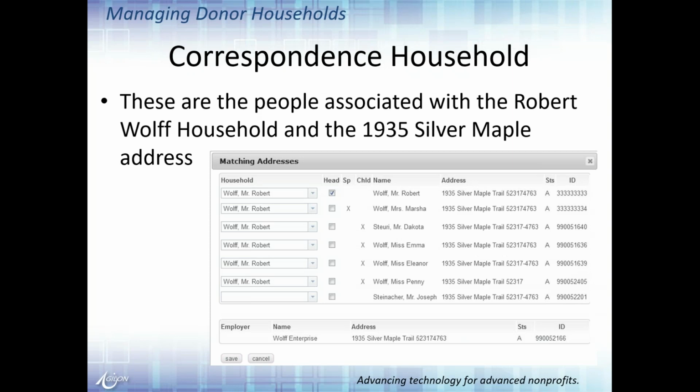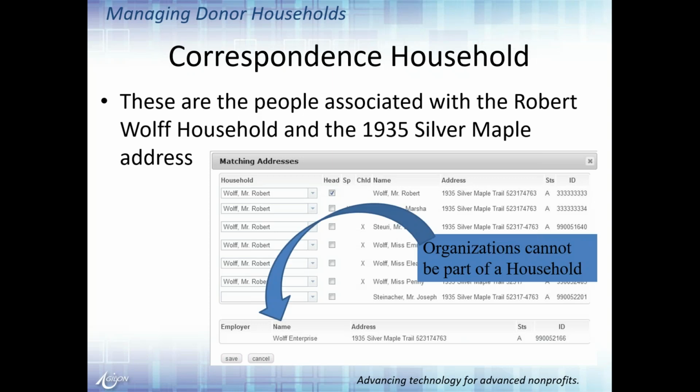I've done that just by hitting the drop down for everybody that's in that specific household. And then I can save that. So this is creating relationships on these addresses for these people that indicate that they are part of the same household.